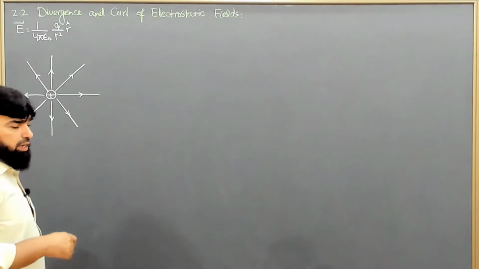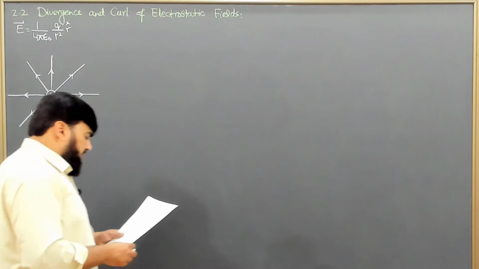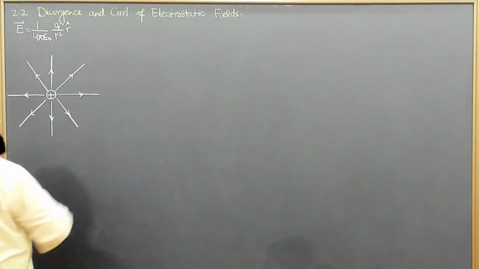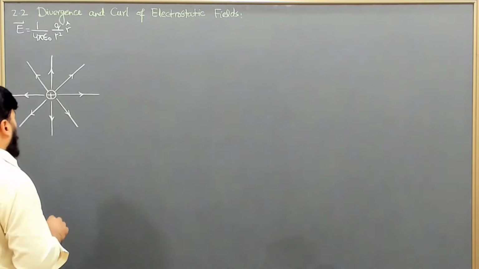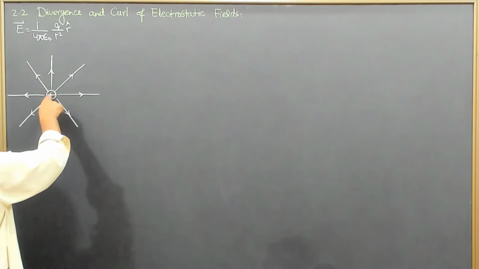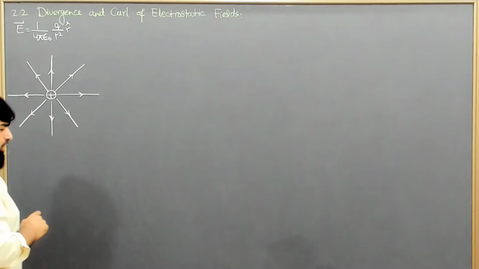This is just like a ray diagram in optics, with lenses, where we draw some lines. There are some properties associated with these lines. If we have a positive charge, the field lines will be diverging from it. You can draw as many lines as you want.